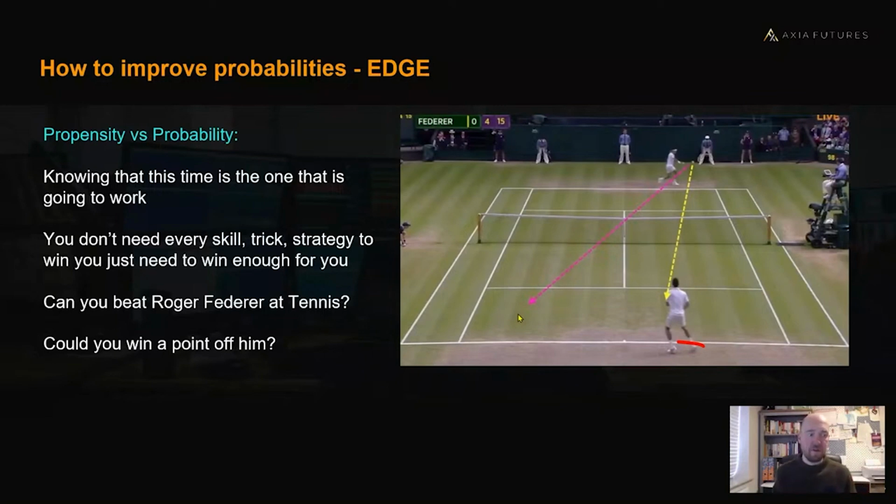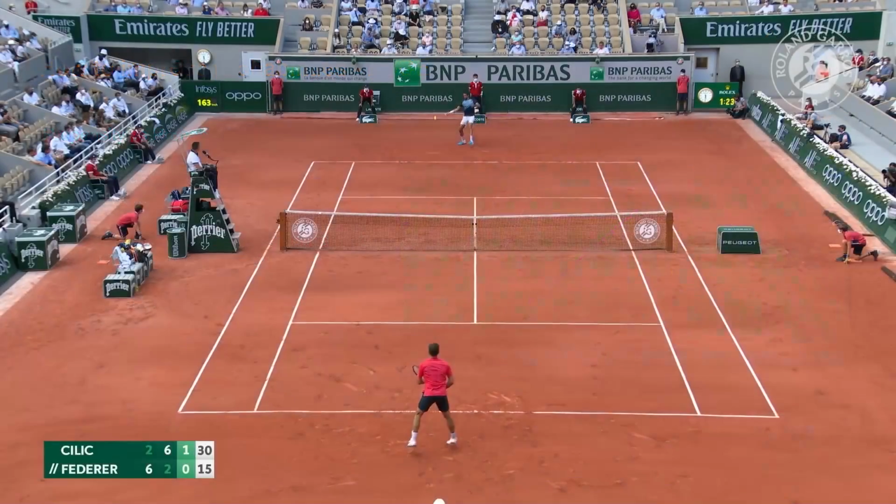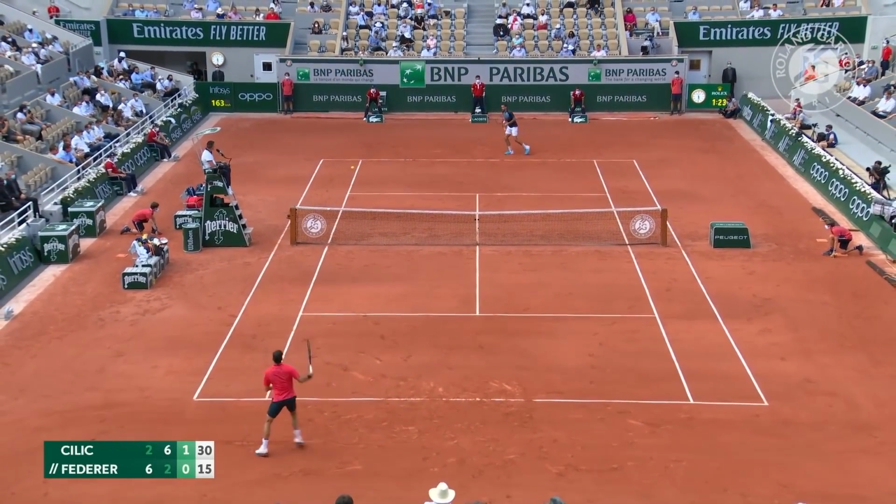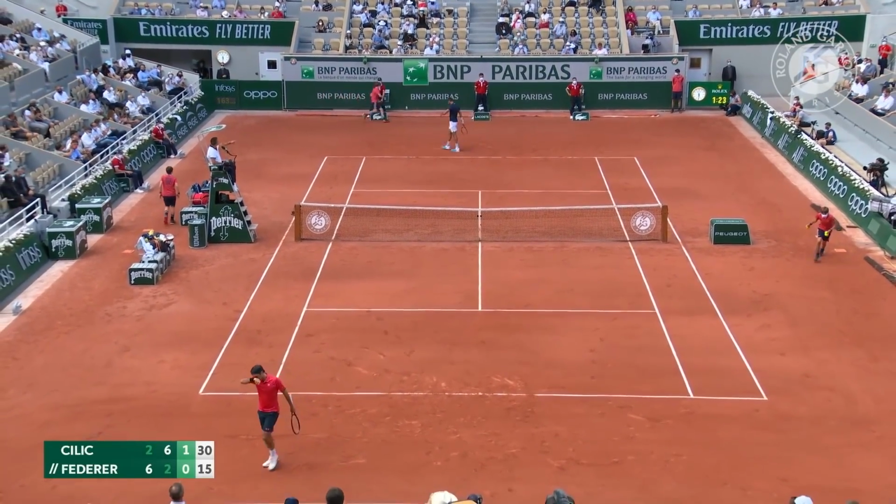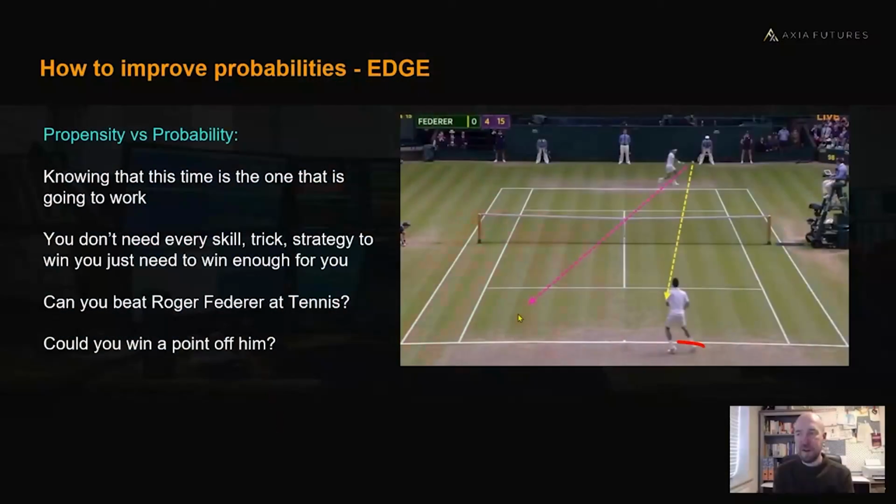And this is the point with being a new trader. You only need a few things that work. It's not a game that you have to win the entirety of. So if you ask yourself, could you beat Roger Federer at tennis? I'm pretty confident the answer is no. But could you, assuming you've got some vague skill playing tennis, win a point off him?